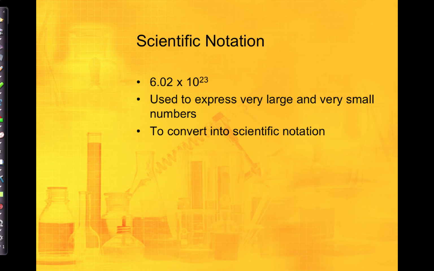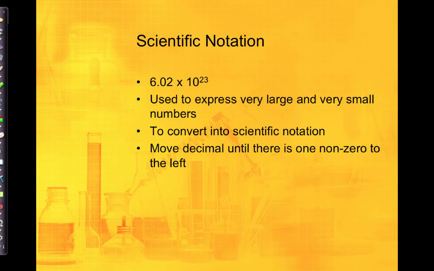So if you want to convert into scientific notation, you're going to move the decimal until there's one non-zero to the left. So basically if you have a number like 1080 and you want to convert this to scientific notation, well, go to the end of the number. There's no decimal point there, but you can just pretend like there is, and then keep moving it over until there's only one non-zero in front of it.